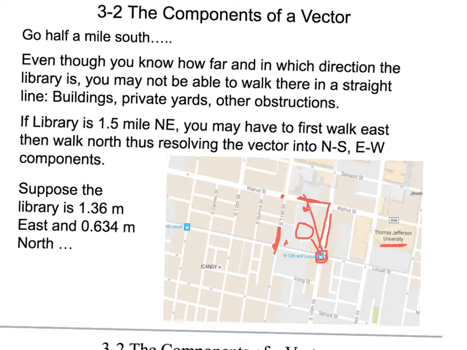So there's your vector. Let me erase that a little bit, make that a little neater. So you get off of the Patco station right here. So that's your origin right there. You're getting off, and you want to walk to the front door of the library to get in. There's only one way to get into the library. So there's your front door right there.